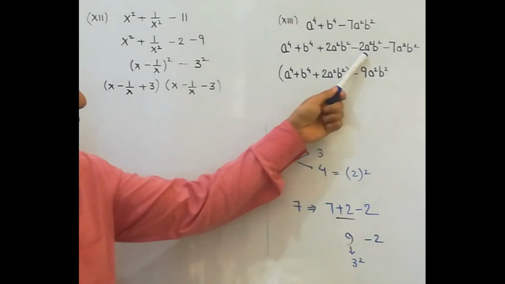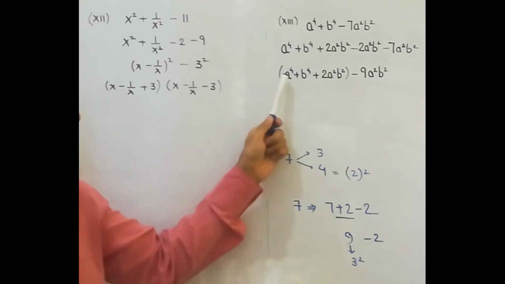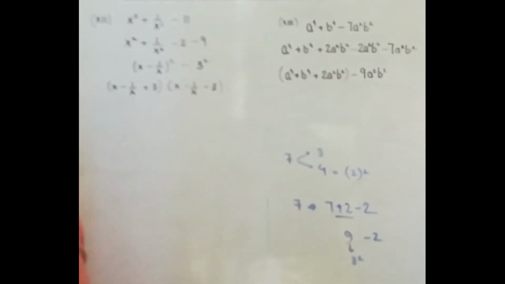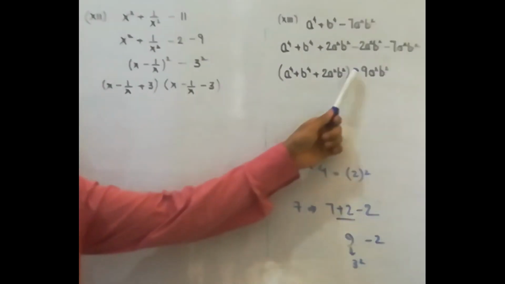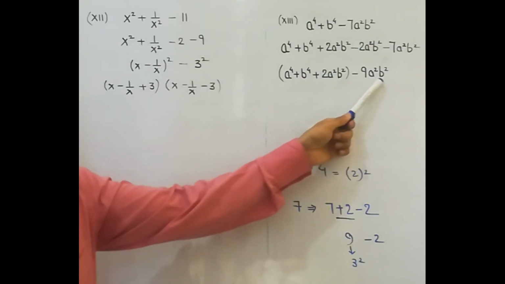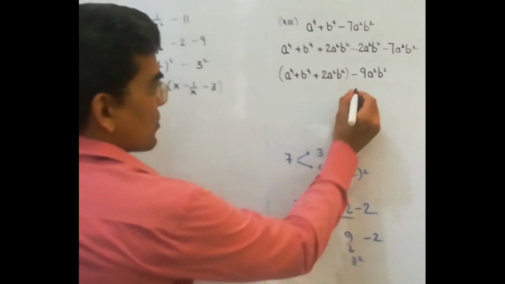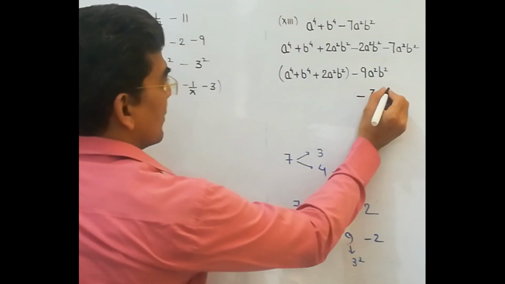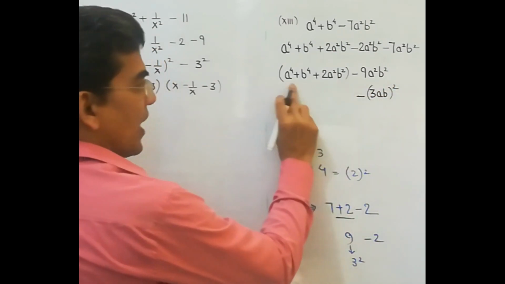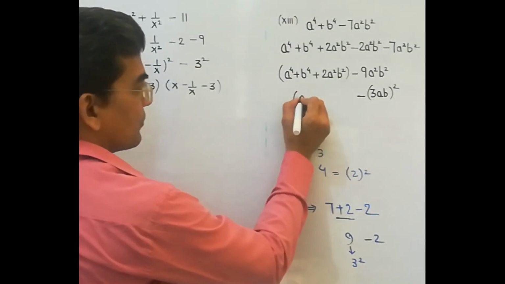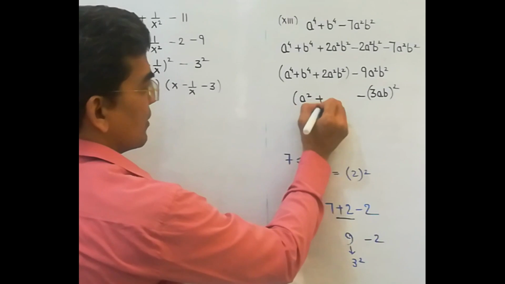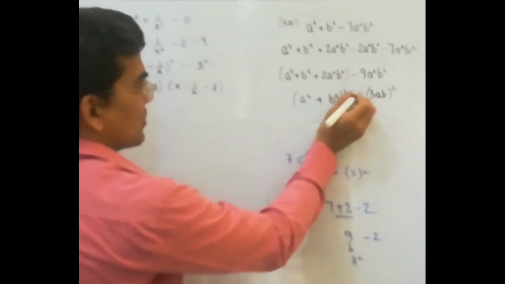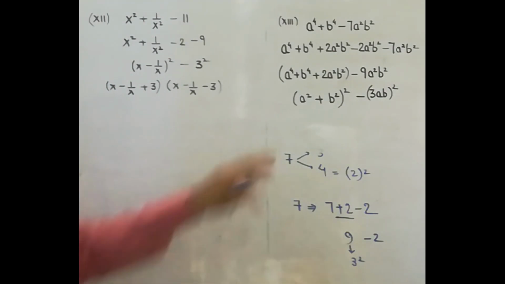Plus 2 minus 2. This plus 2 taken with this remainder, and minus 2 taken with minus 7, will make it minus 9. Now this part, 9a square b square, is a perfect square. So you can write it like this, 3ab whole square. And this becomes a square, this is plus 2, so a plus b whole square. This becomes a perfect square.